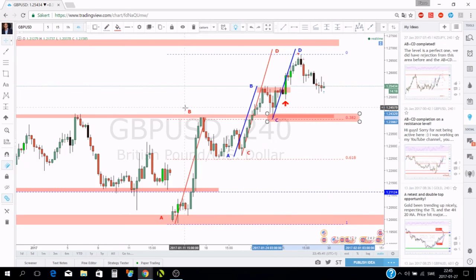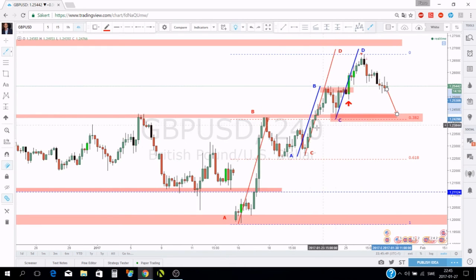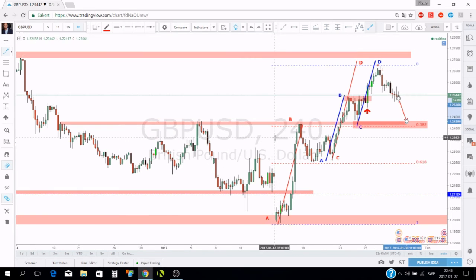So if price comes all the way back here and we break that bearish flag, we should be watching this level for a possible reversal from here, because as you see here, this support area was very good and price bounced strongly up.